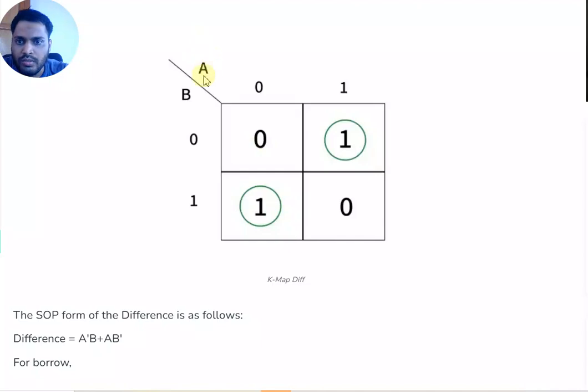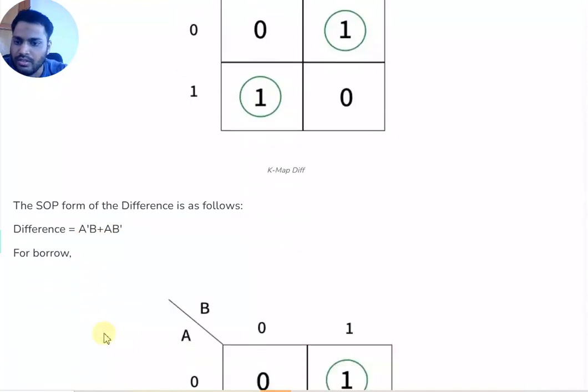A we have 0, which means A naught, and B we have 1, so B. A naught B. So the OR of these two, A B naught and A naught B, is the difference.